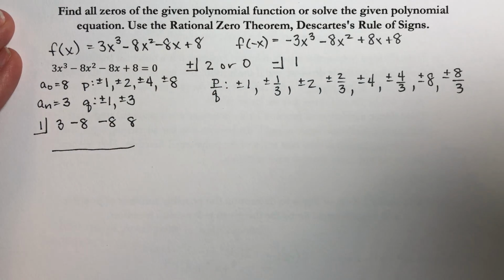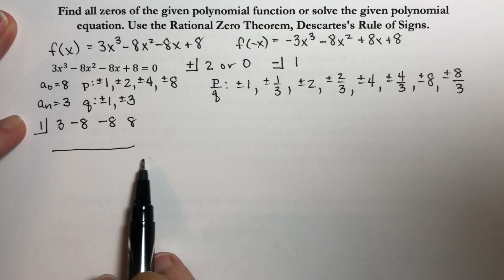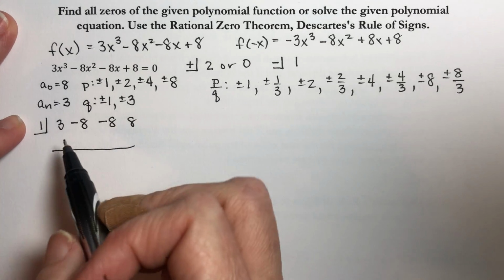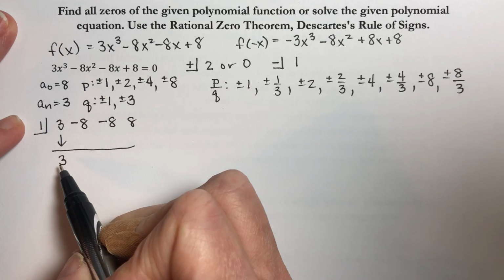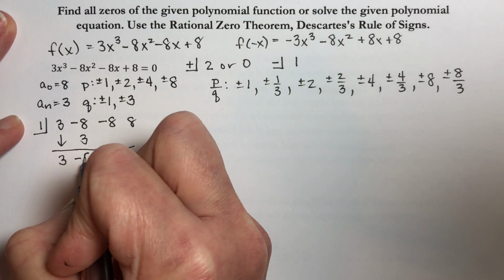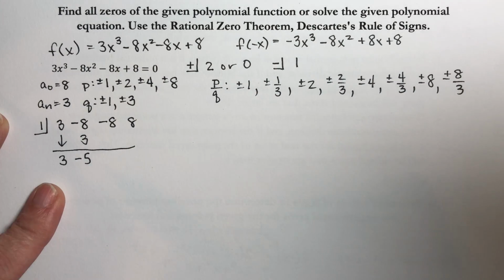Now I'm checking a positive number, so I'm going to keep in mind that if I end up with all positives down here, then I'll be able to eliminate everything larger than 1. So first, bring down the 3. 3 times 1 is 3, plus -8 would be -5. So I already have different signs, so I know that 1 is not an upper bound.